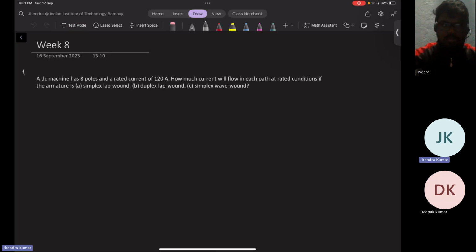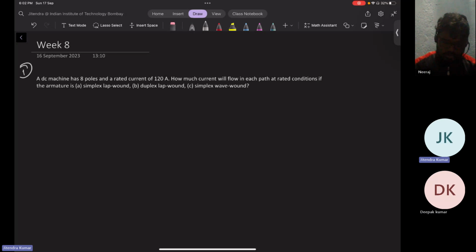In this problem, it is a DC machine with 8 poles, and the rated current is mentioned as 120 amps. How much current will flow in each path at rated conditions if the armature is simplex lap wound, duplex lap wound, and simplex wave wound?